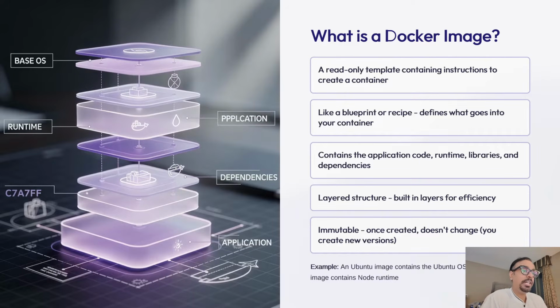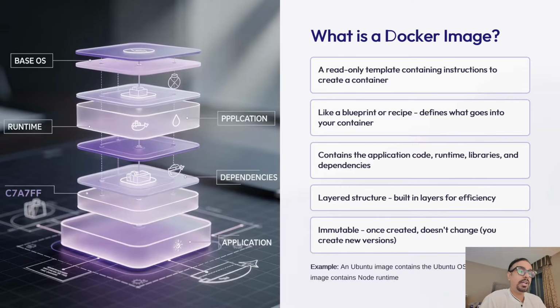Similarly, a Docker image contains your application code, the runtime environment like Node.js or Python, along with all necessary libraries, system tools, and configurations. But it's not running, it's just an instruction. Images are read-only and immutable, which means once you create an image, it doesn't change. If you need updates, you create a new version of that image. You cannot change the existing one.